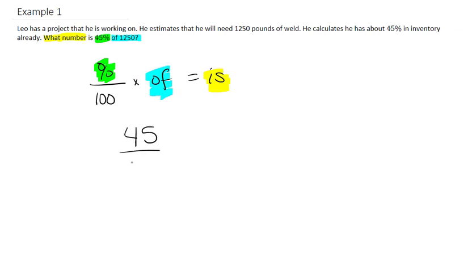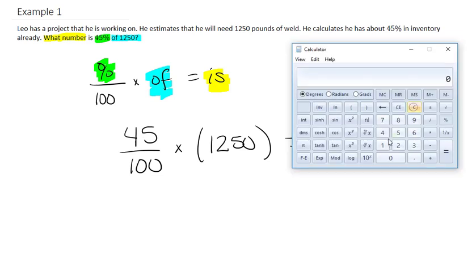So we have 45 over 100 times 1,250, and that will give us the number we're looking for, which we'll just put as x at this time. So we can go ahead and take our calculators out, go 45 divided by 100, and we get 0.45.